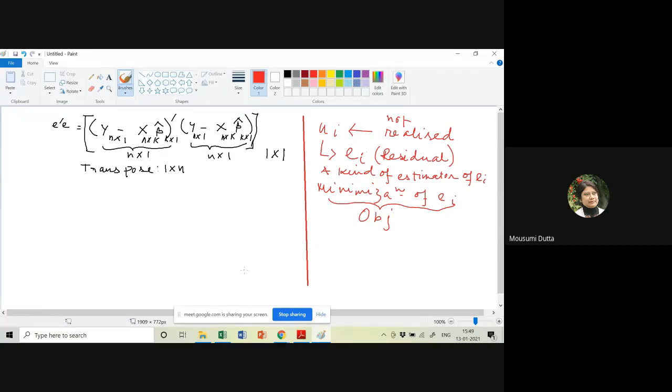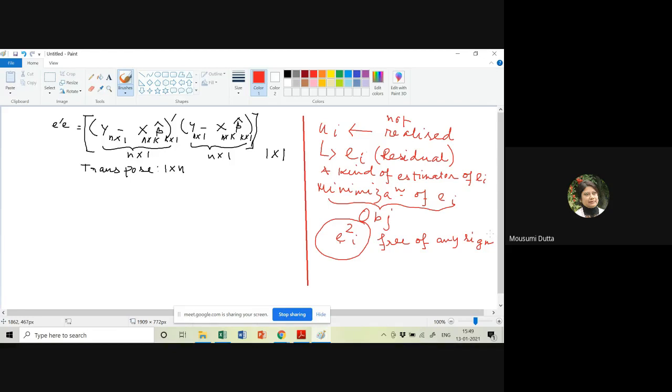This EI square will be free of any sign or any direction, okay? So we can minimize EI square rather than EI if we need to avoid any kind of sign here.